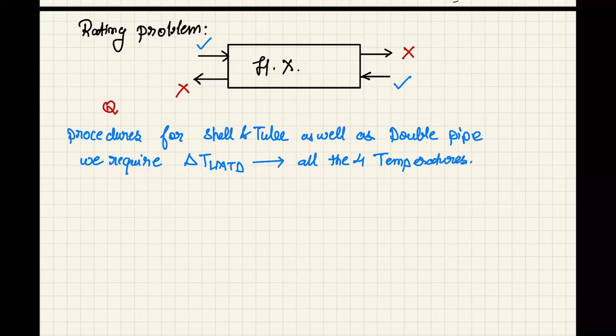And even in the procedures that I have discussed with you, our first step was always to calculate Q and all the four temperatures and both the flow rates using the given data. So, it might be the case that one or two of those things are known, and you need to do some sort of rearrangement. But in a typical rating problem, neither the Q nor the outlet temperatures are known.